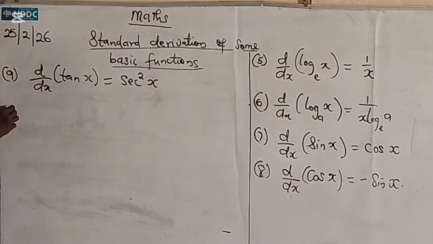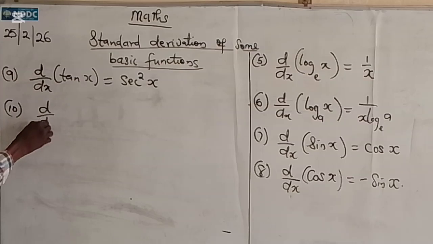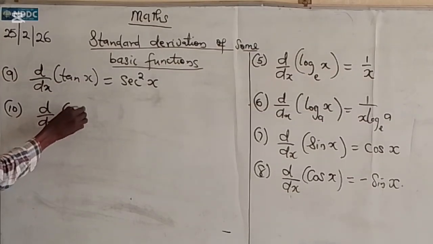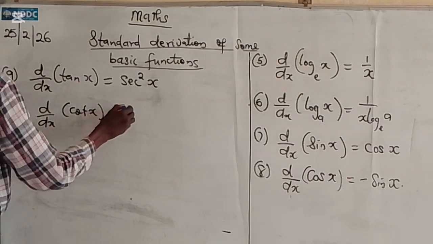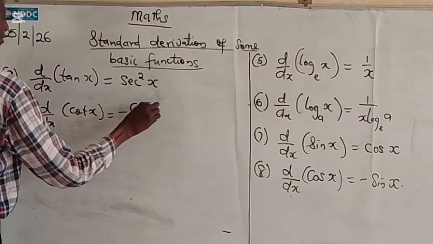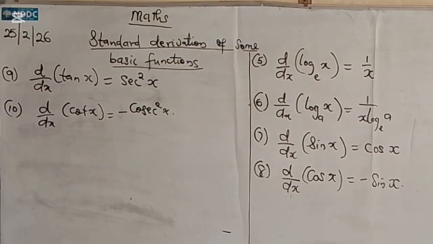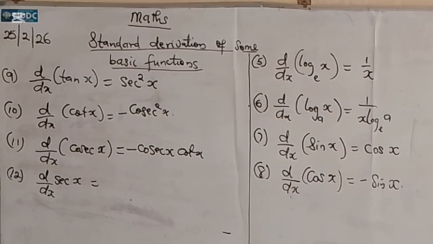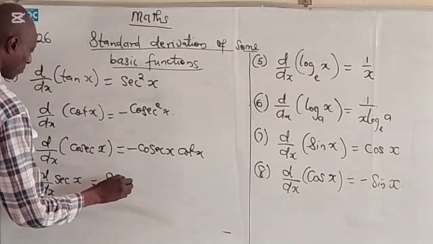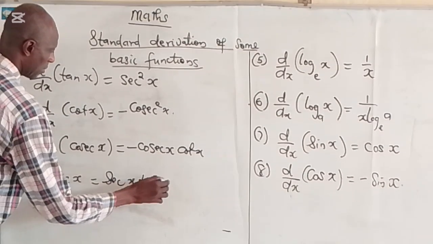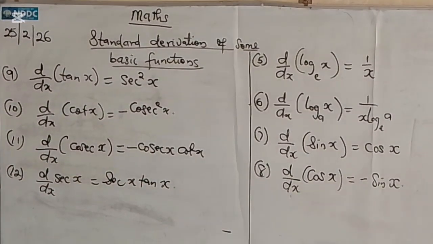Then number 10, we are differentiating d over dx of sec x. It will give us sec x tan x.